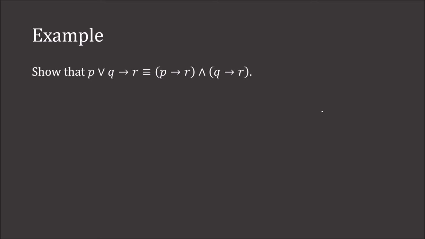We have 3 statement variables here, P, Q, and R, so we're going to wind up needing 8 total rows.